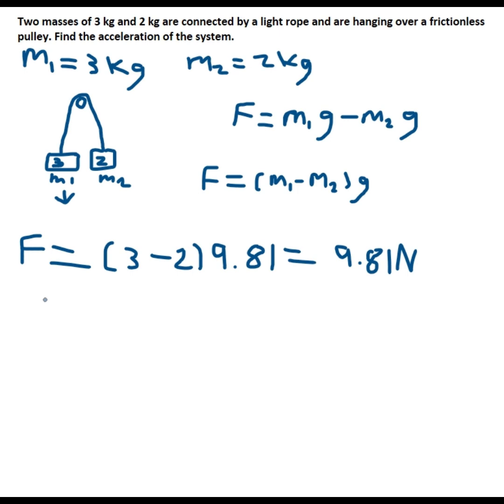Now, let's solve for the acceleration of the system. To do this, we can use Newton's second law, which states that the force is equal to the mass times acceleration. However, we need to solve for the total mass of the system. So this is just equal to the first mass plus the second, which is equal to 5 kilograms.